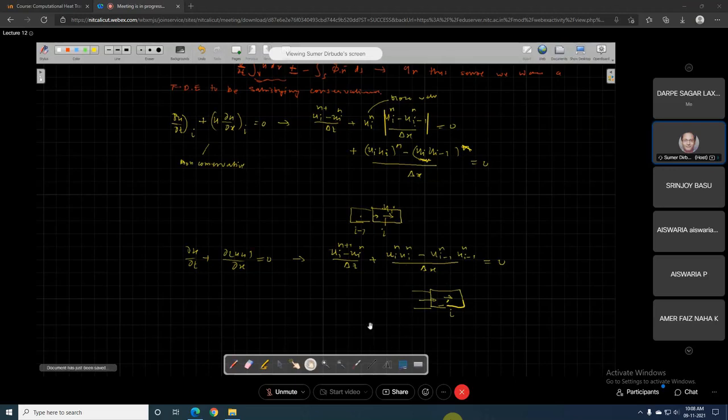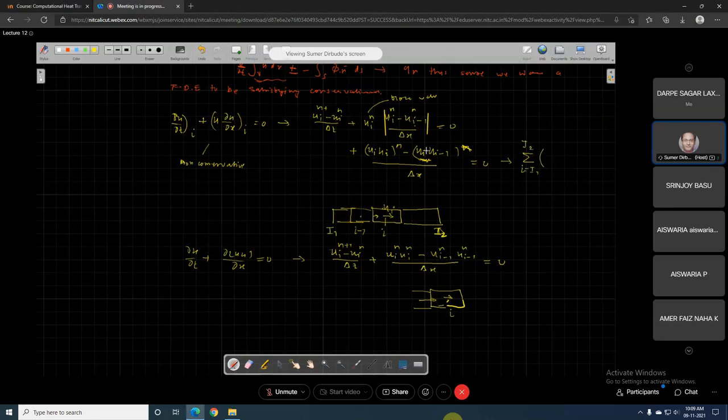In other words, suppose you take a summation of this, from I1 to I2, where the domain has cells 1, 2, 3, 4, and so on.